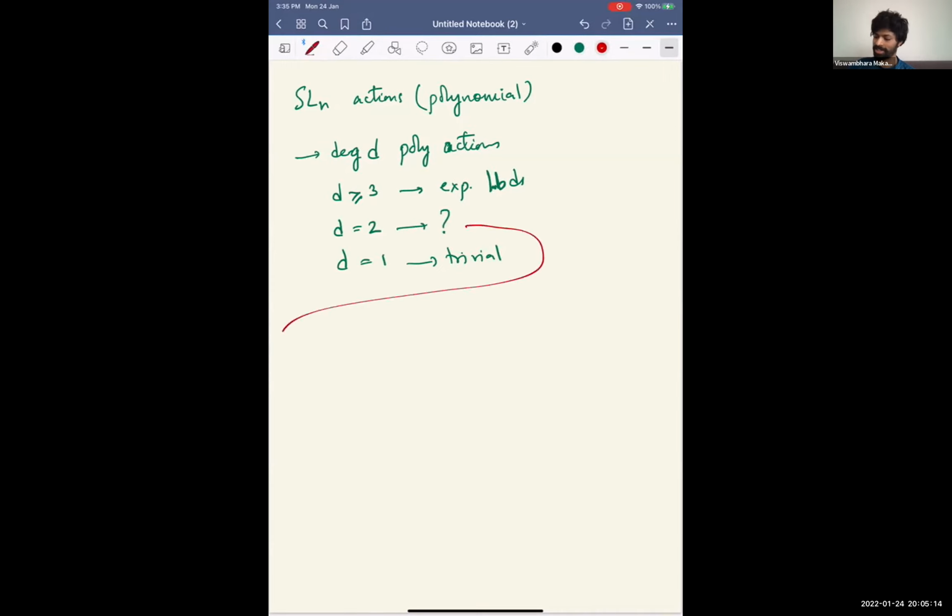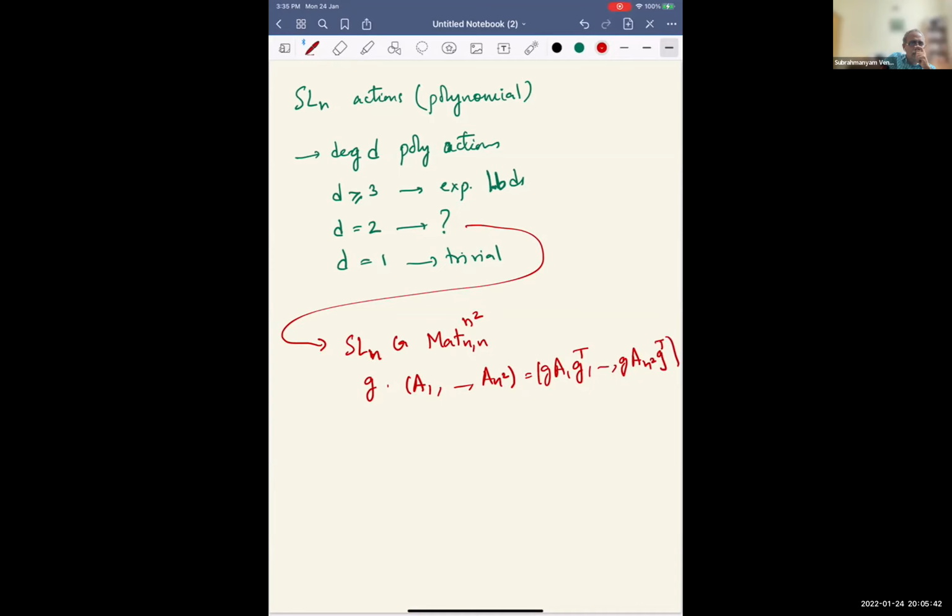And here's something I want to say. This comes down to exactly one action: SLN acting on n by n matrices, n squared copies of them, and I'll tell you what the action is. The action is G acting on A1 to A_{n squared} as G A1 G transpose, through to G A_{n squared} G transpose.